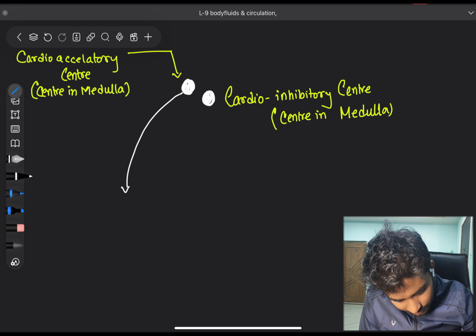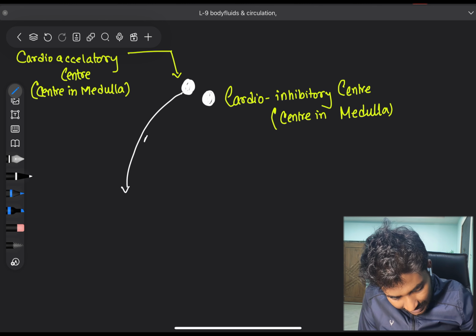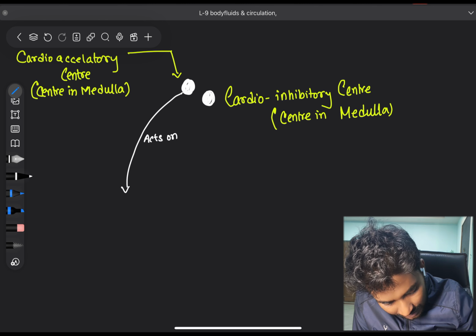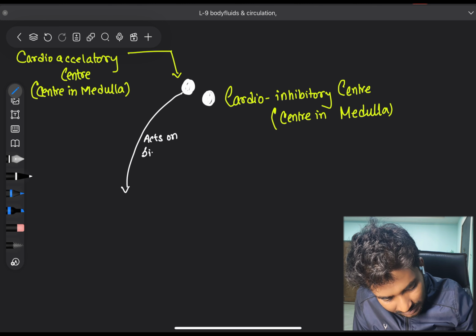This cardio acceleratory center acts on the sinoatrial node, that is the SAN. The SAN is on the right wall of the right atrium.